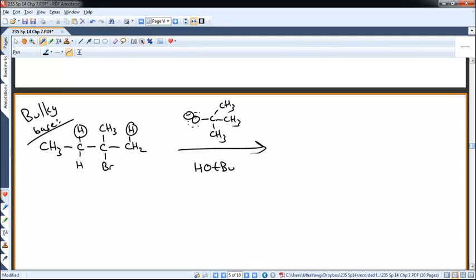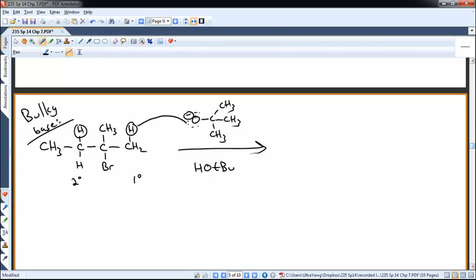It's on a carbon that's bonded to two other carbons. This hydrogen is on a carbon that's bonded to only one other carbon, so this one is primary. And so this hydrogen is more accessible to this fat base than the other hydrogen.